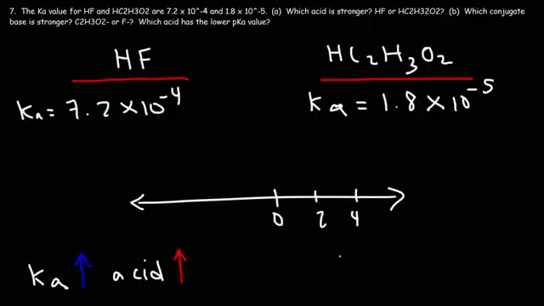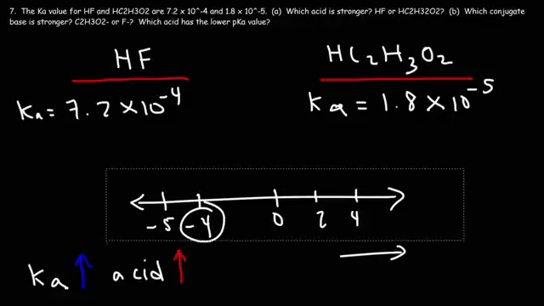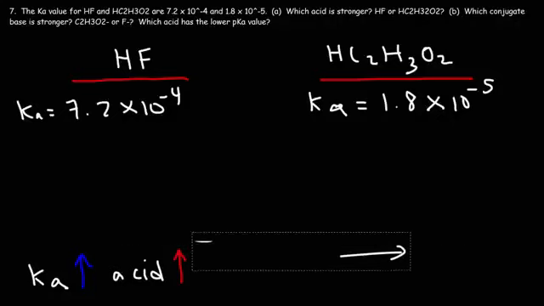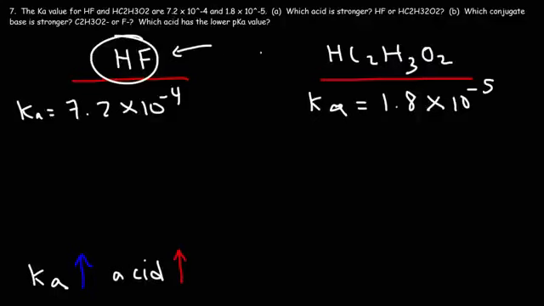The higher numbers are to the right, and -4 is here, and here's -5. So you can see -4 is to the right of -5 on the number line. Therefore, HF is the stronger acid. So even though both of these acids are considered weak acids in general, HF is stronger than acetic acid. It's a stronger weak acid.